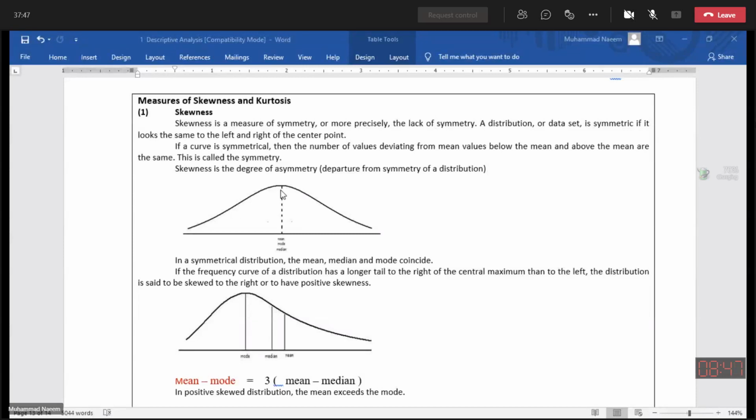So a frequency curve is normal and symmetrical like this.